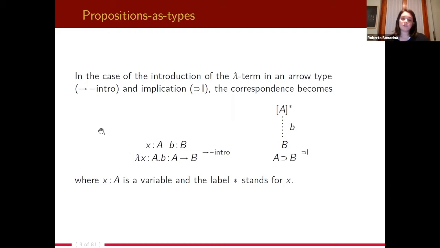To construct a lambda term, we need to have a variable x and a term small b of type capital B. And analogously, to obtain an implication, we need to have a proof mapping the proposition A to the proposition B. And here, in a sense, the label star in A stands for x, which is our variable. Here we have an assumption, as we have a variable here.